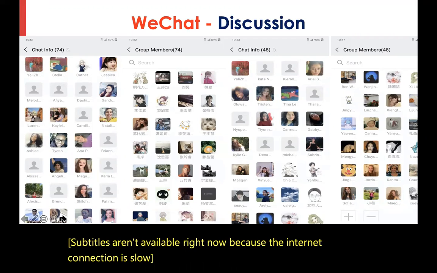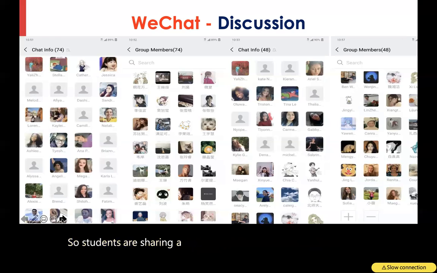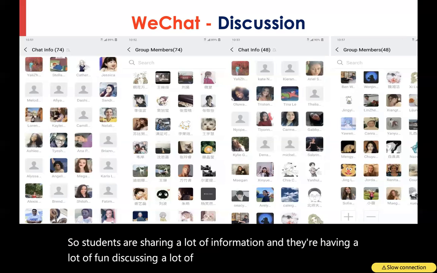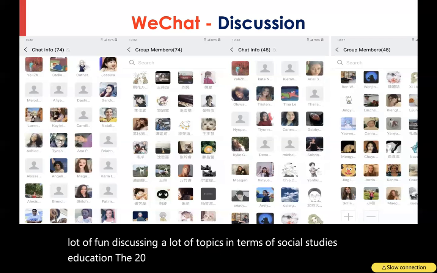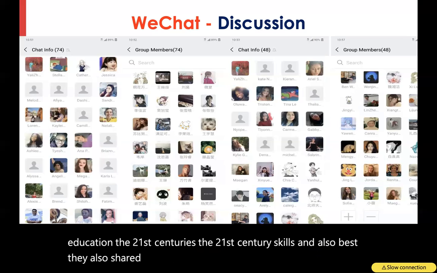So, as you can see, both classes have students in the US and also in China. Students are sharing a lot of information, and they are having a lot of fun discussing a lot of topics in terms of social studies education, the 21st century skills, and also they share the best practice in the classroom.